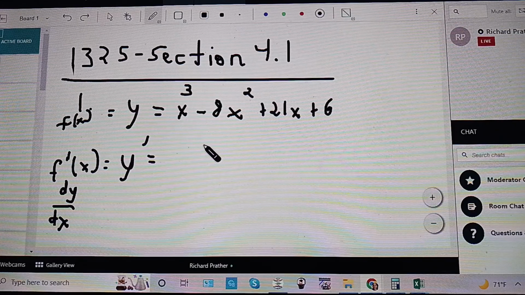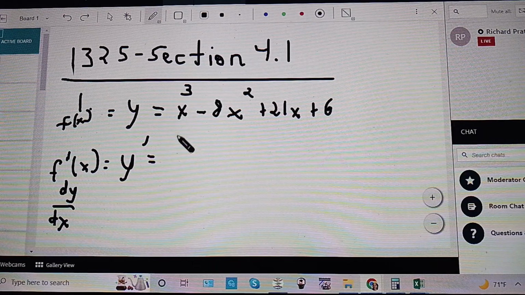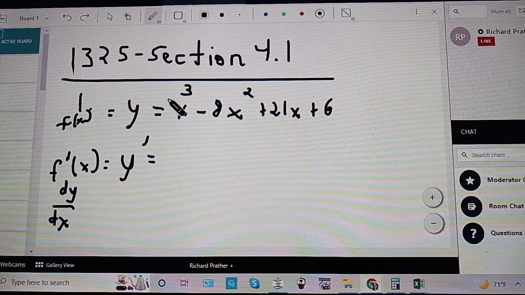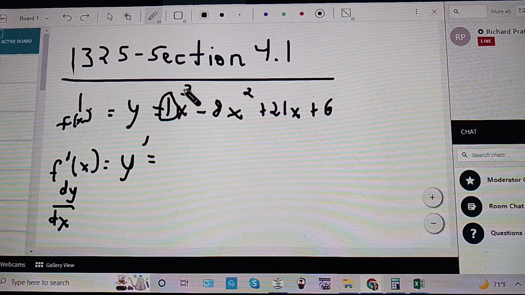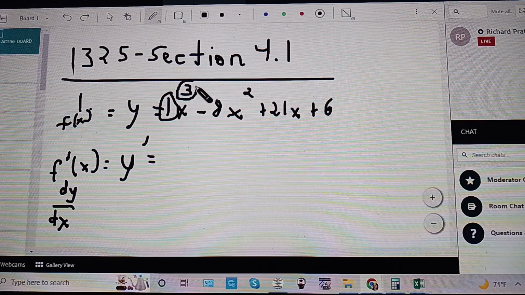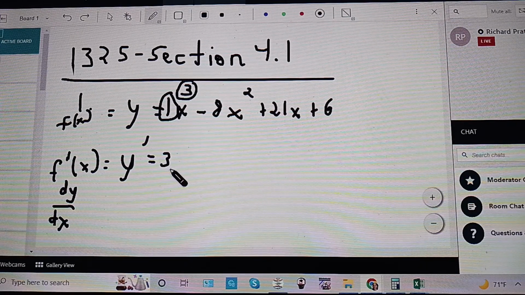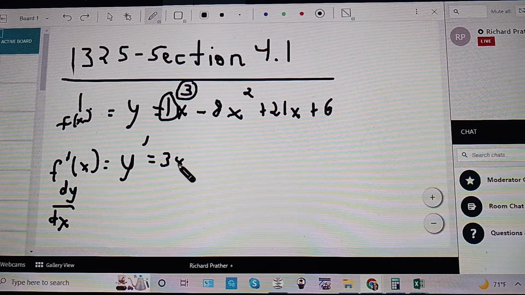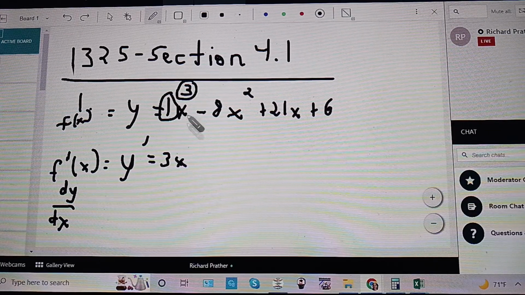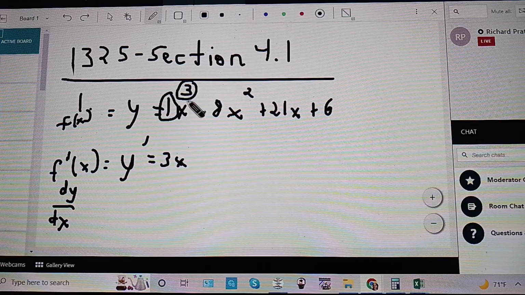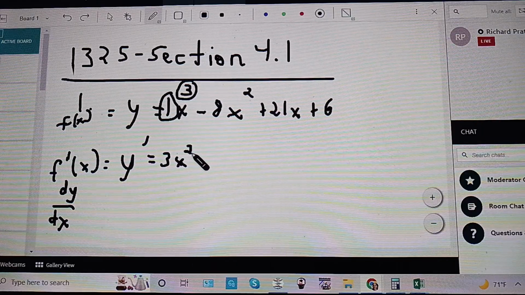Okay, so the shortcut here is simple enough that even young kids could probably do it. They wouldn't understand what it's used for, but it turns out all you do is multiply the constant in front by the exponent. 1 times 3 is 3. The x stays the same, and then you decrease the exponent by 1. 3 minus 1 is 2.